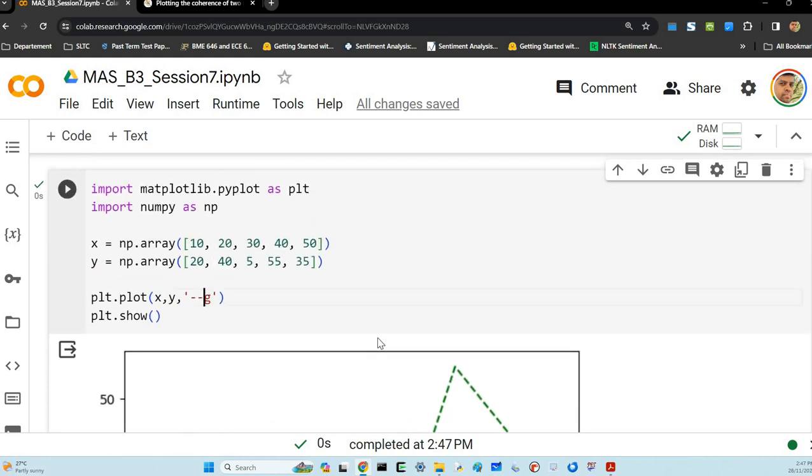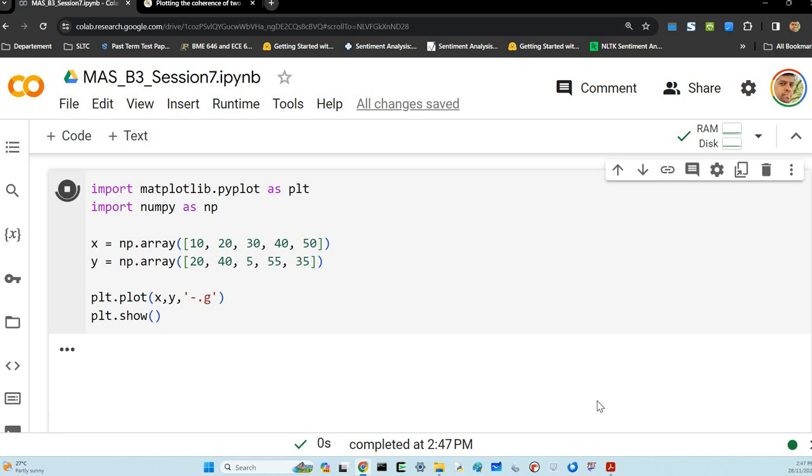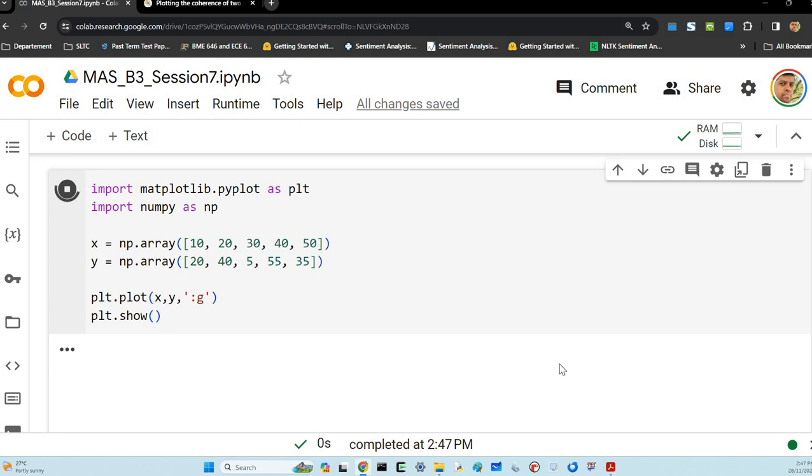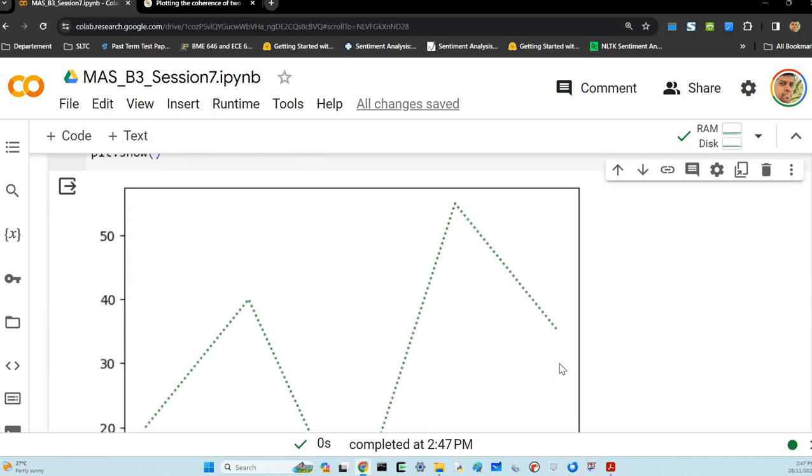Then we can have dash and dots. And then I can have 2 dots. These are the different line types.